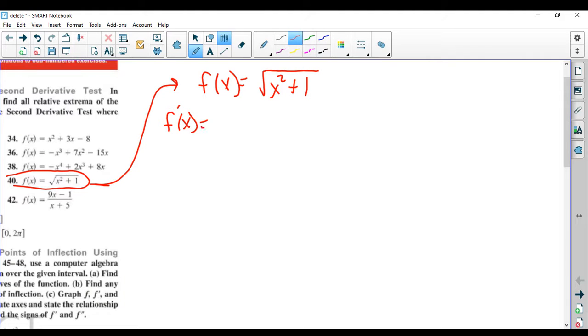we're going to use the chain rule. So let me rewrite the original function. So the chain rule, derivative of the outside, leave the inside alone, and now times the derivative of the inside, which is 2x.